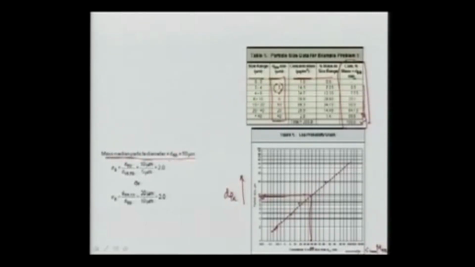So cumulative is 50, then I have to find out the geometric standard deviation. The relationship, as we discussed in the class, is D50 by D15.78.